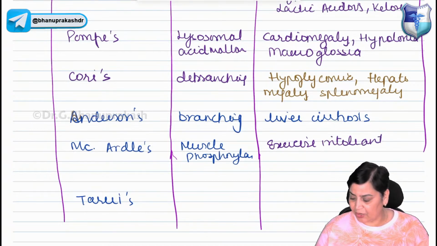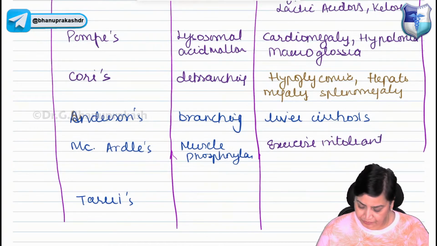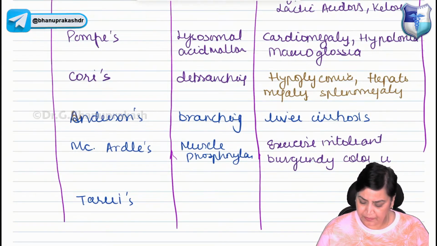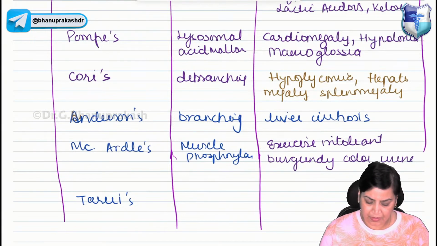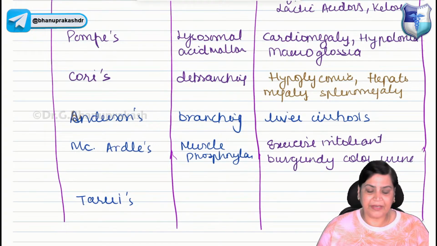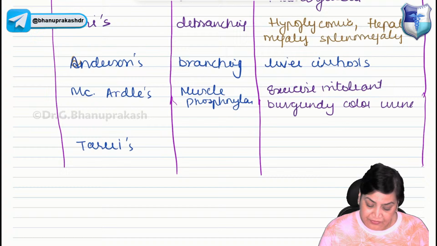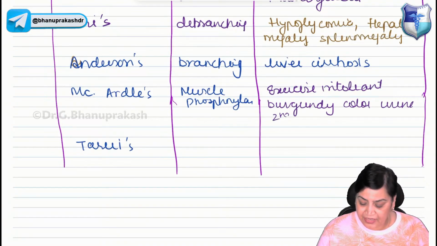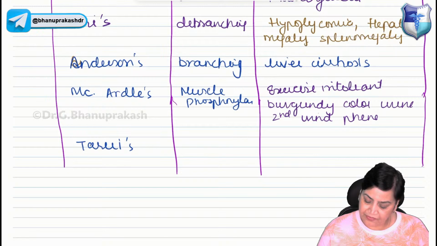Then burgundy color of urine, very important. Burgundy color urine. Right? And the most important difference is second wind phenomenon is present. Second wind phenomenon present. Right.